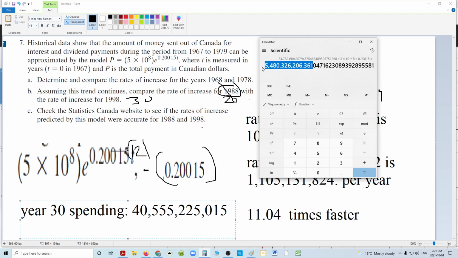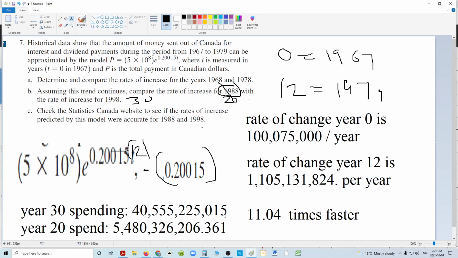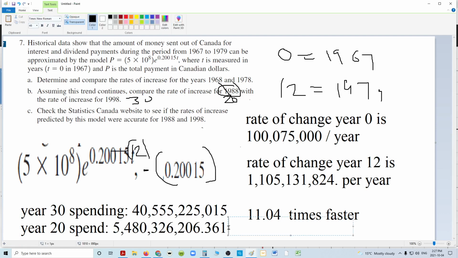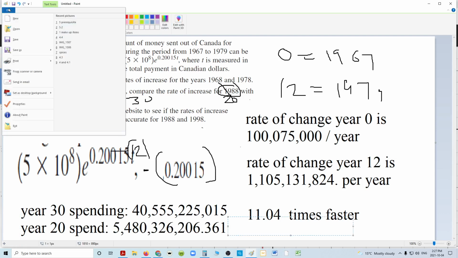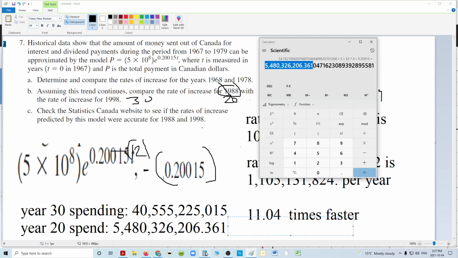And I'm going to just copy that down first, because that's year 20. And we can just ignore the last little bits. And I'm going to divide the two, and you might say, well, you're dividing it the wrong way, except that I'm going to flip them.